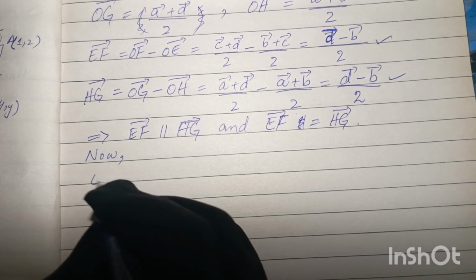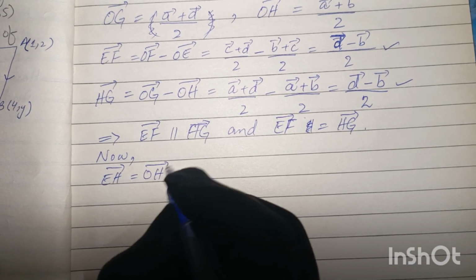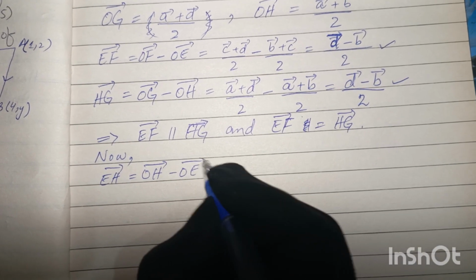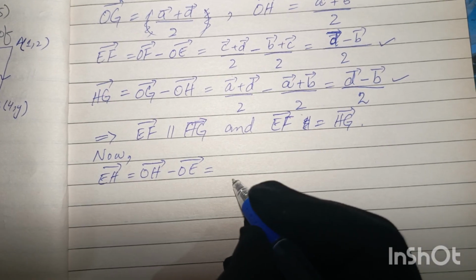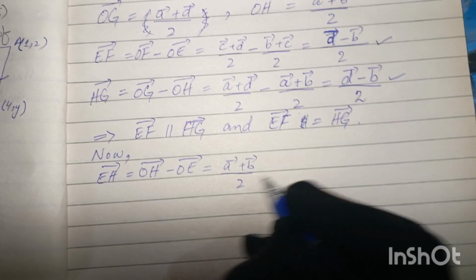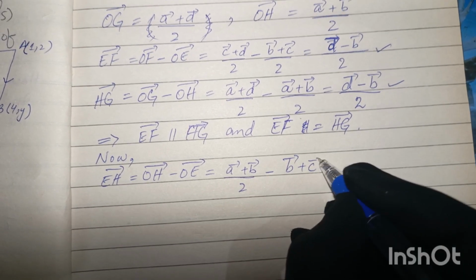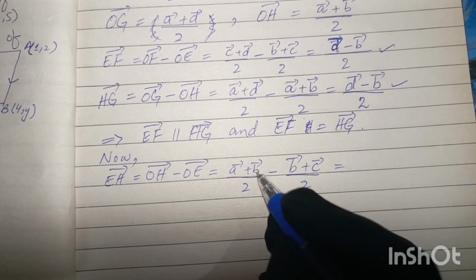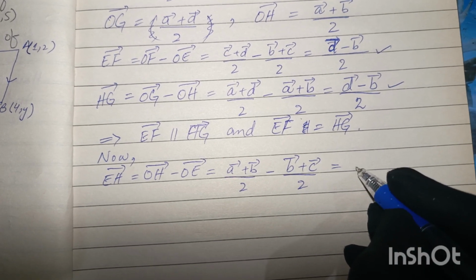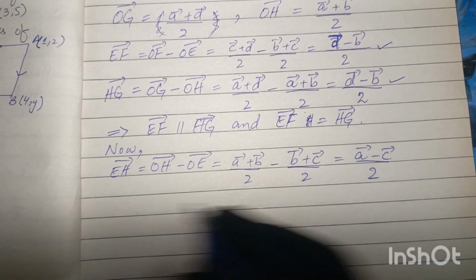Now we consider the other two sides. EH is equal to OH minus OE, (A plus B) divided by 2 minus (B plus C) divided by 2. So B by 2 is cancelled with B by 2. The answer will be (A minus C) divided by 2.